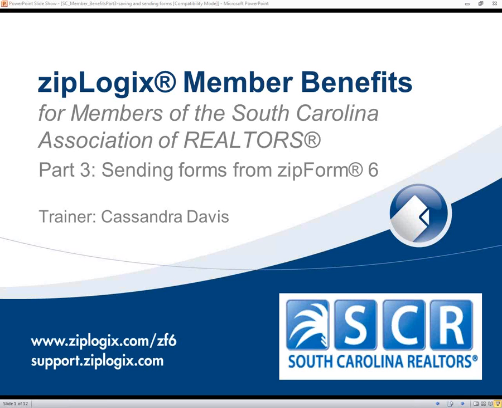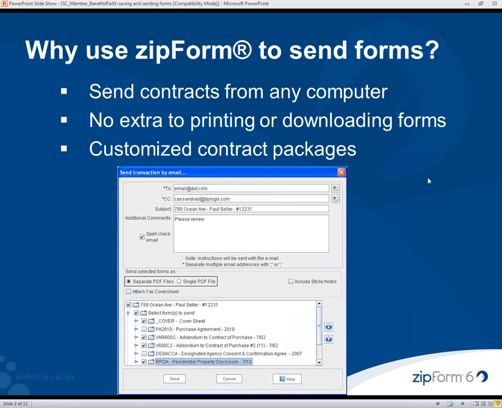Now, in today's session, we're going to take a look at sending our forms directly from zipForm 6. We're going to go into zipForm and talk about how we can not only email forms or save them online, but we can also send our contracts by faxing them from any computer. We can do this without any extra printing or downloading of forms.